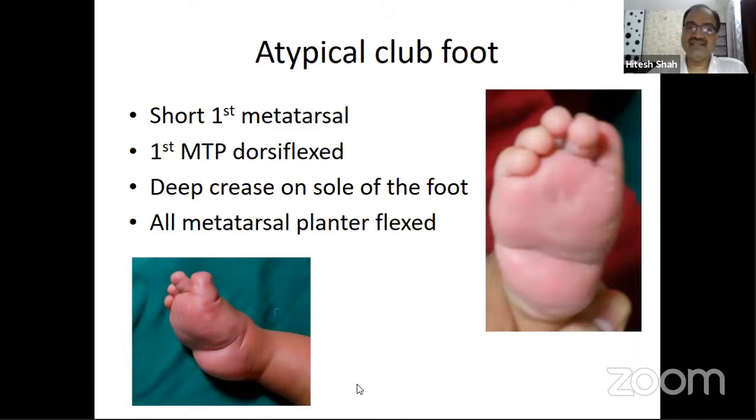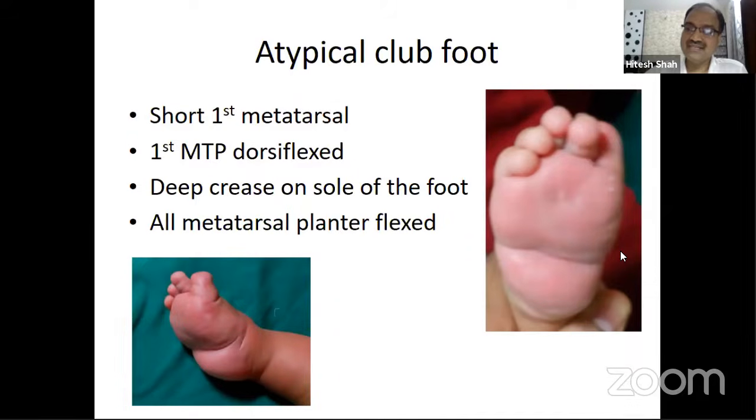The metatarsal is extremely short, with hyperdorsiflexion of the MTP first ray, and a deep crease across the sole, not only on the medial aspect but on the plantar aspect, and all the metatarsals are plantarflexed. Those clubfeet are more difficult and more complex, and they are atypical clubfoot. In the Ponseti method, we found less than 2% of the total population would be atypical clubfoot.